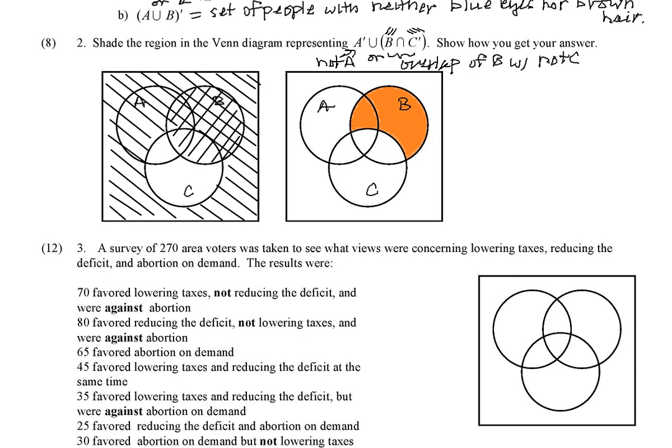Everything that's outside of A is going to actually include some of that orange area. Let's go ahead and shade that. Why don't we shade that with horizontals here? So everything that's outside of A we shade horizontally.